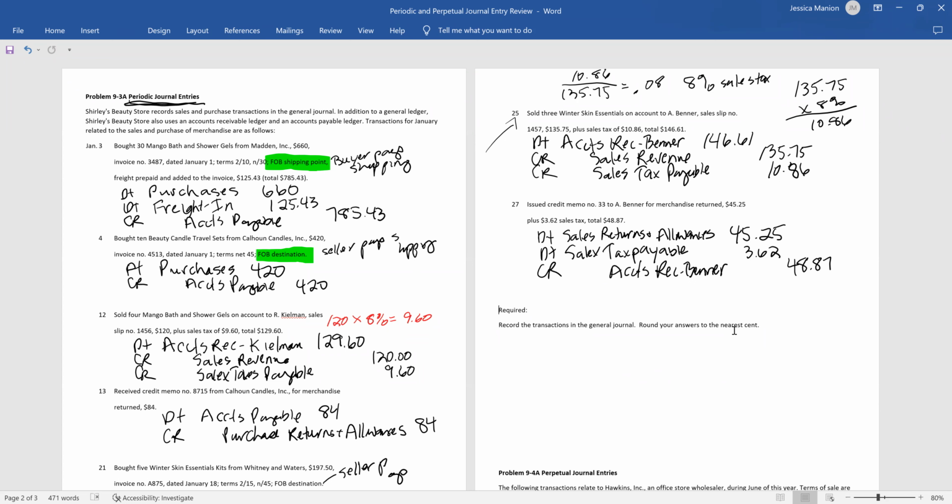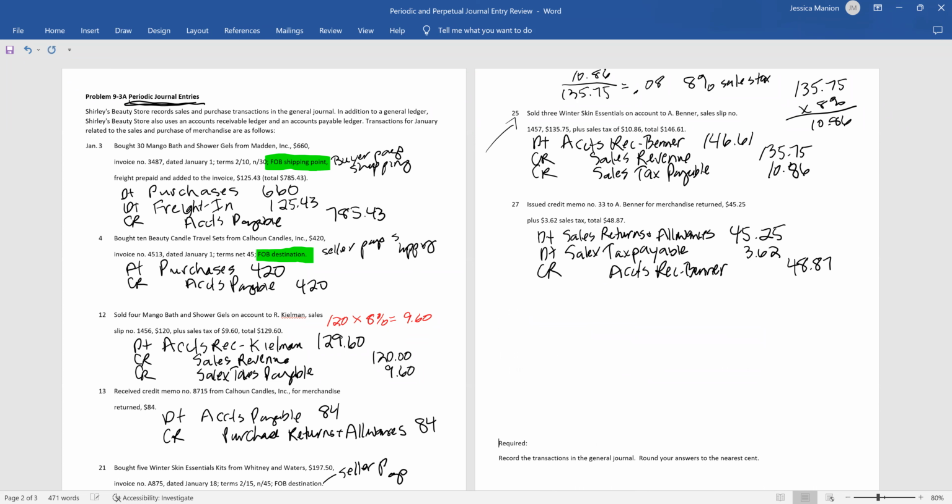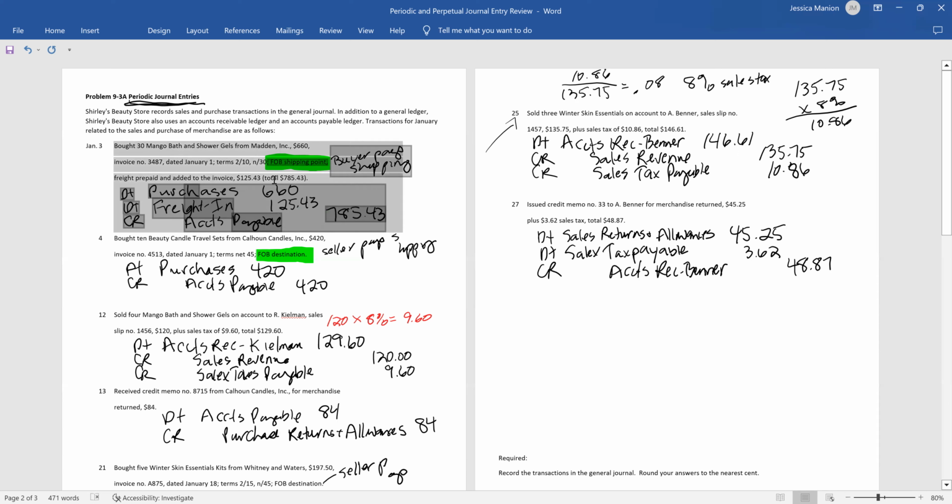Okay, what I want to show you real quick is an example of a payment, which is what we've been doing in chapter 10, because on your problems, problem number 1, you have to do 5 or 6 journal entries that are periodic inventory systems, just like we did here. And within those 5 or 6 transactions, you've got some that are payment transactions. So let's go back. Let's look at this January 3rd.